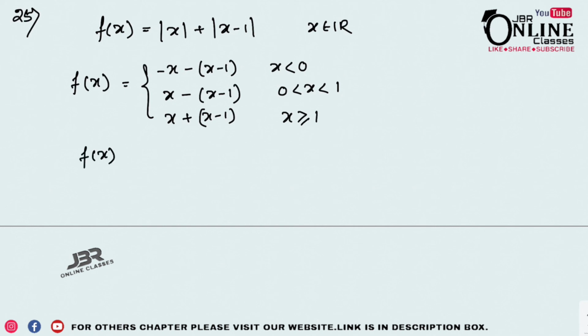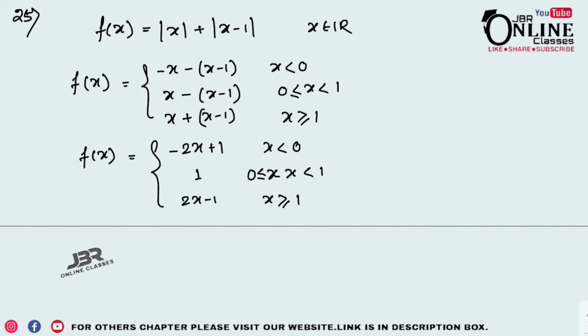And again, f(x) equals minus 2x plus 1 when x is less than 0, 1 when 0 is less than or equal to x less than 1, and 2x minus 1 when x is greater than or equal to 1.